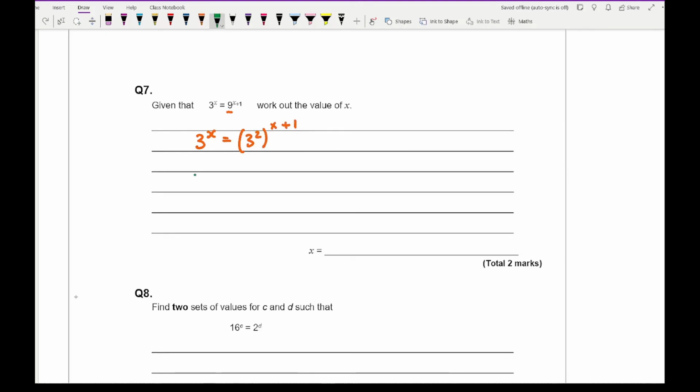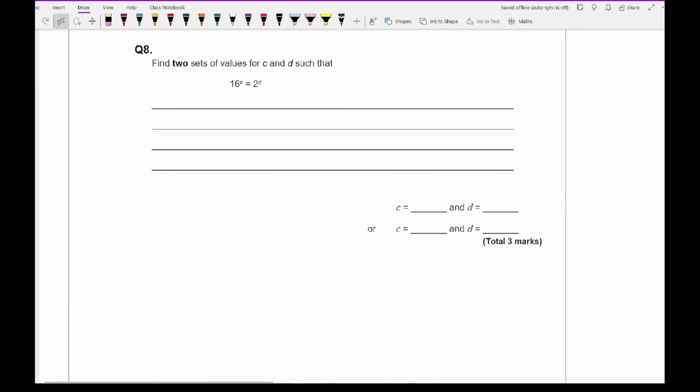We multiply them, so that's going to be 3 to the power of x equals 3 to the power of 2x plus 2. So that therefore means that those powers must be the same. So here we've got x equals 2x plus 2. If we take the 2 over to the other side and the x over to the other side, we end up with minus 2 equals x. So x equals minus 2.